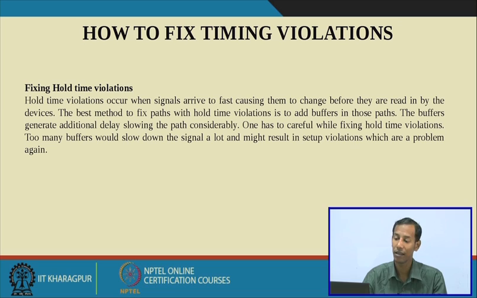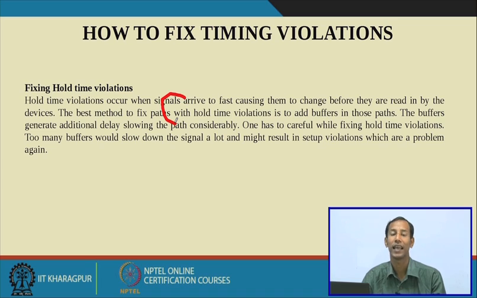Hold time violation occurs when the signals arrive too fast, causing them to change before they are read in by the device, the flip-flops or the registers. That means here the clock is appearing later than the data arrives.